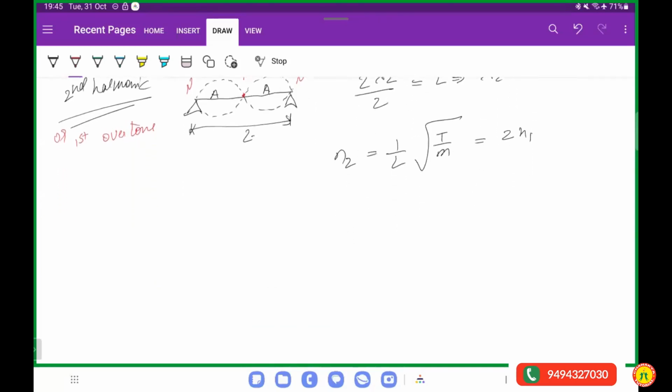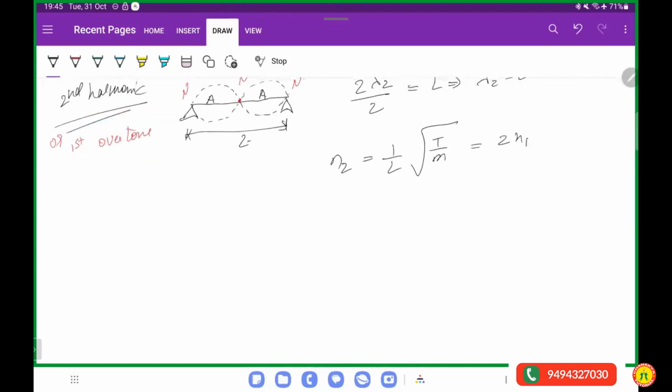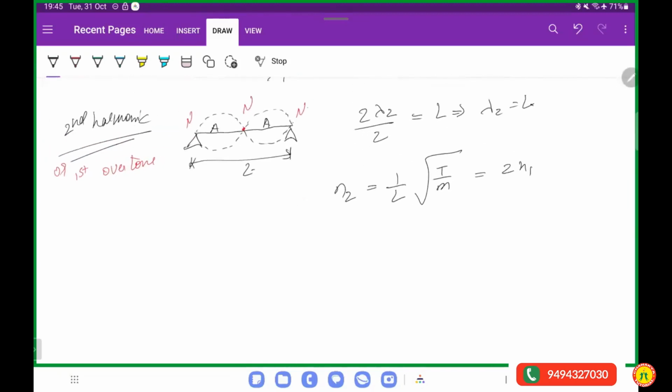Now in the same way, if I go for the third harmonic, same thing, nothing different, just triple bounce. Third harmonic, or second overtone.